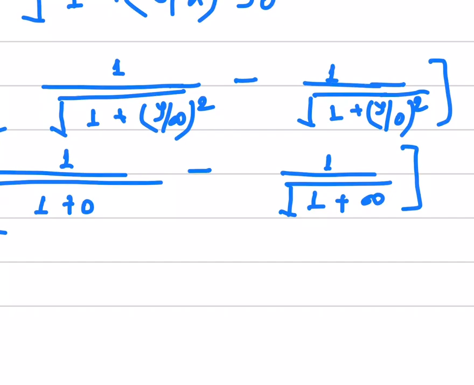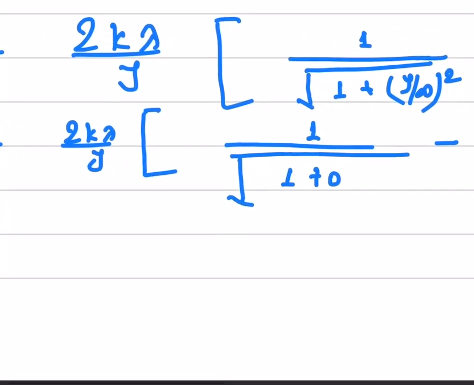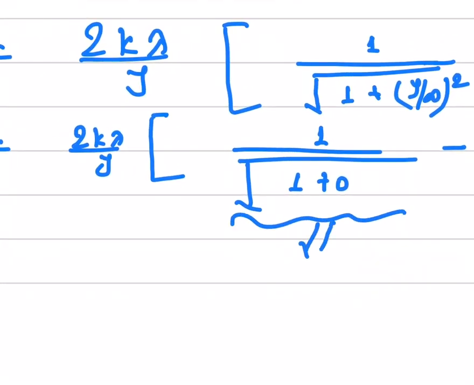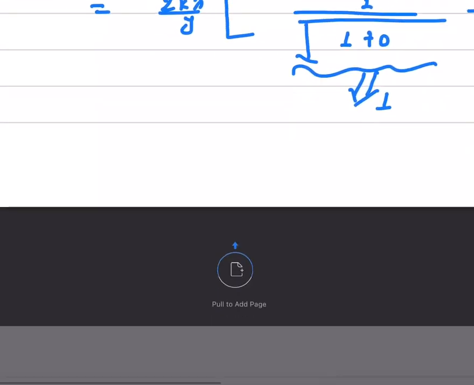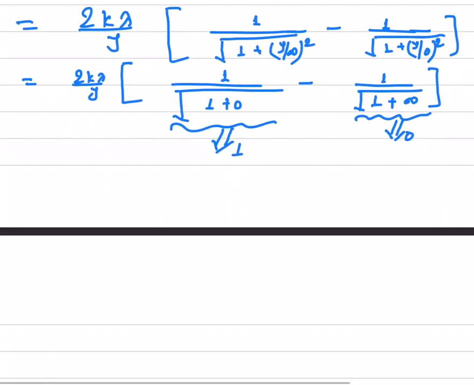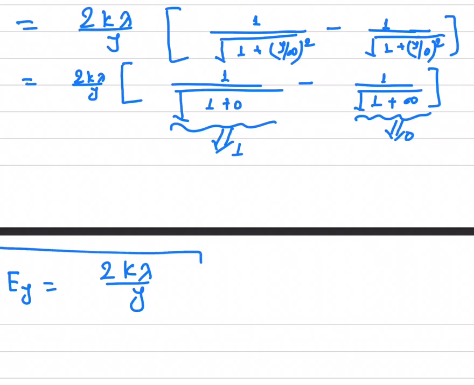Y over 0 is infinity, so this term will be 0, and the first term will be 1. So what we are left with finally is the total electric field, which is given by 2k lambda over y. This is the total electric field due to a line charge.